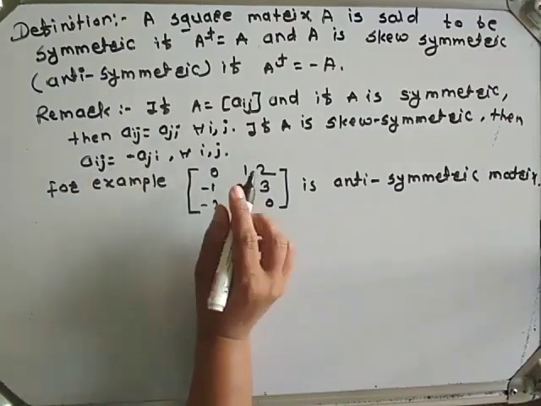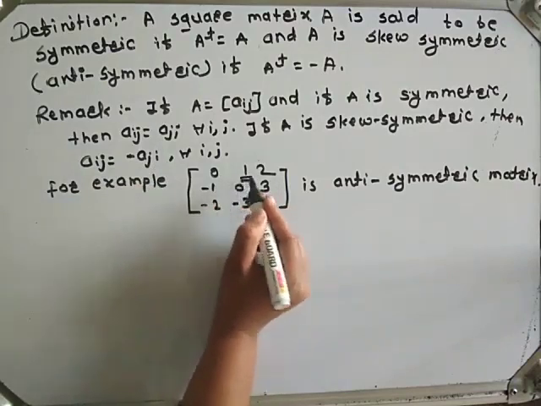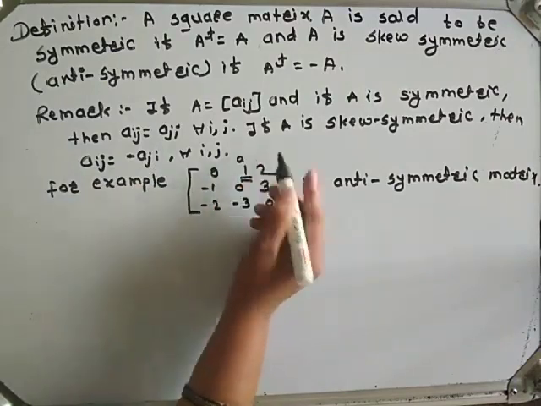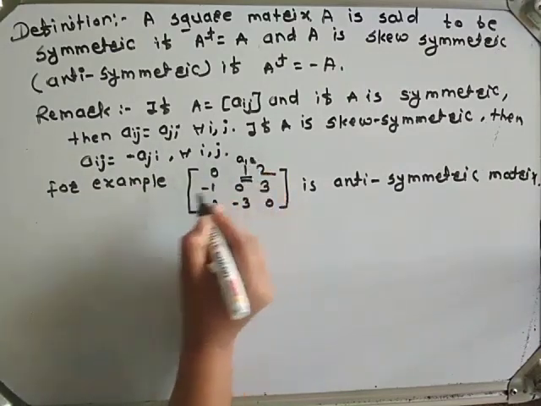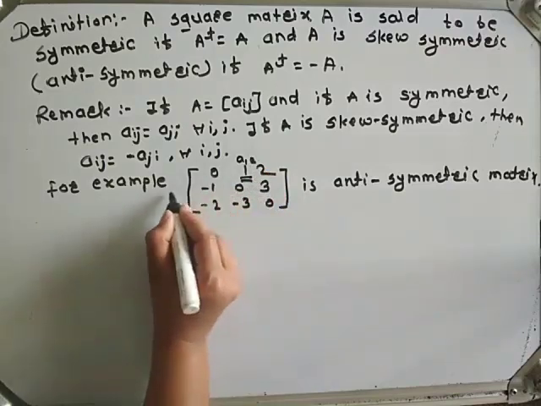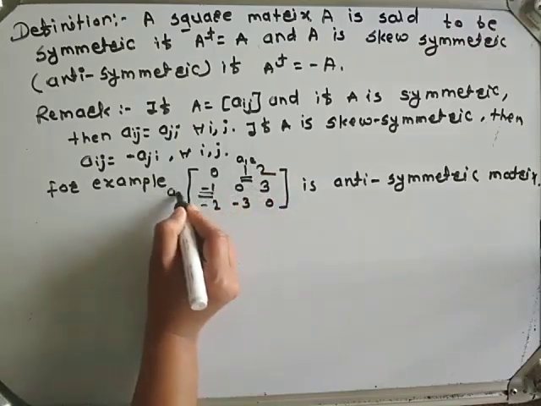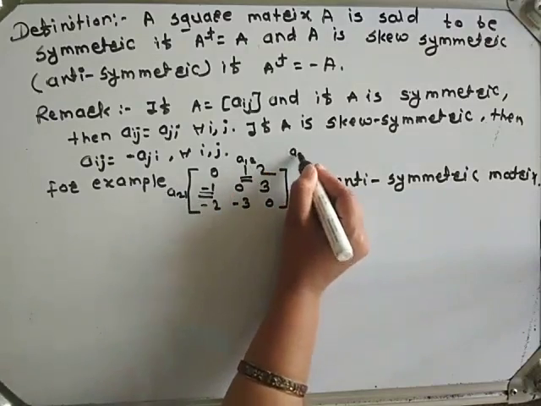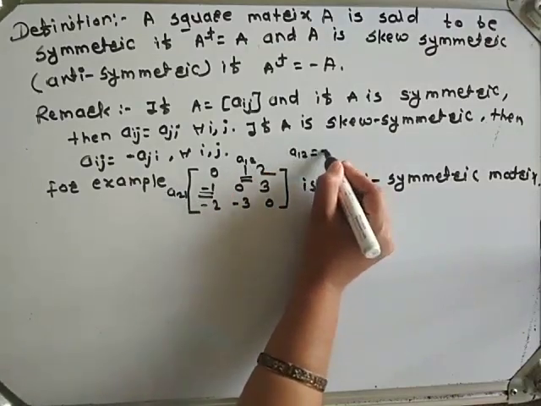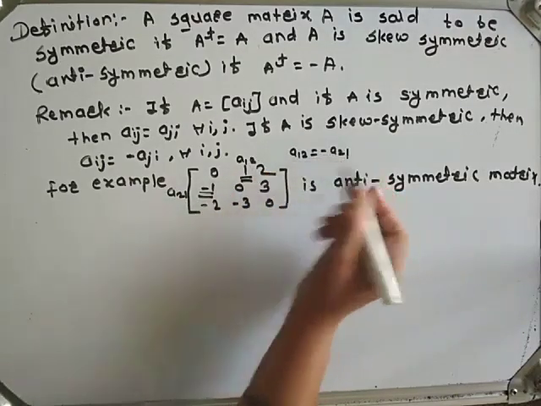See here, this entry is A12, and this entry is A21, which gives A12 is equal to minus A21.